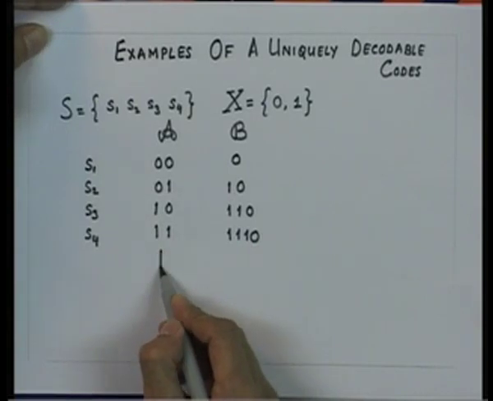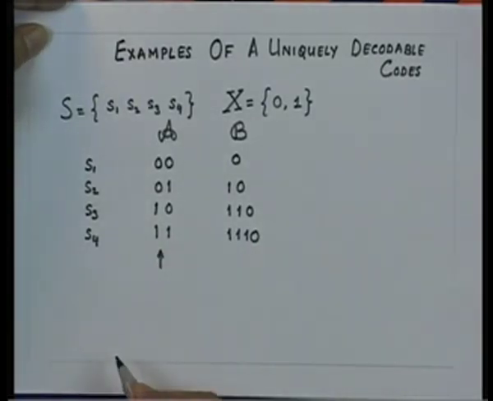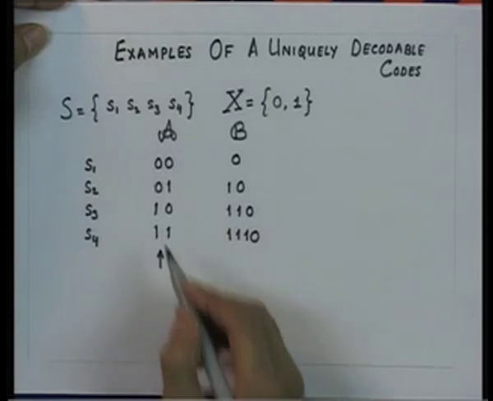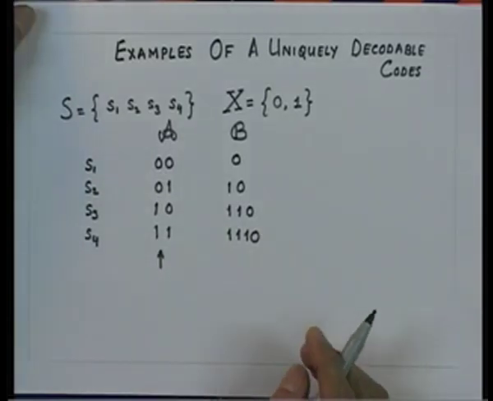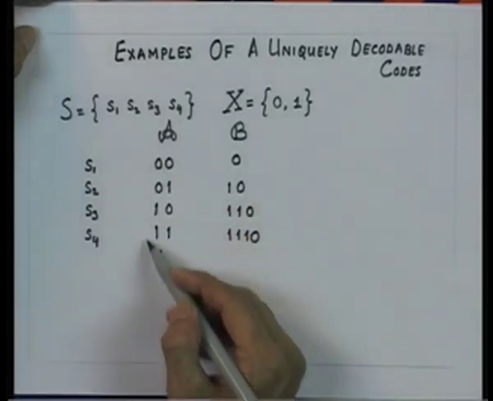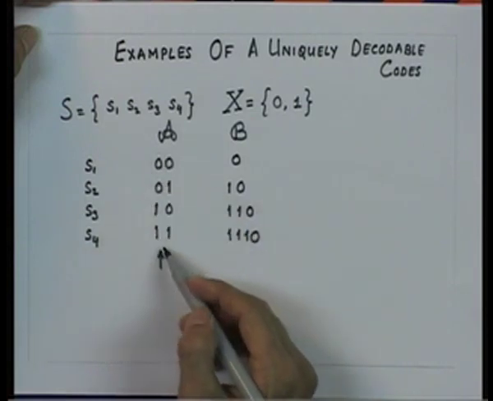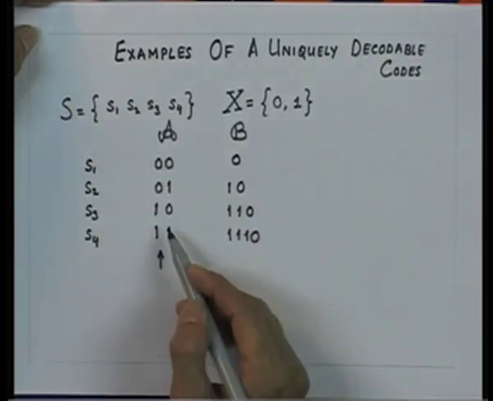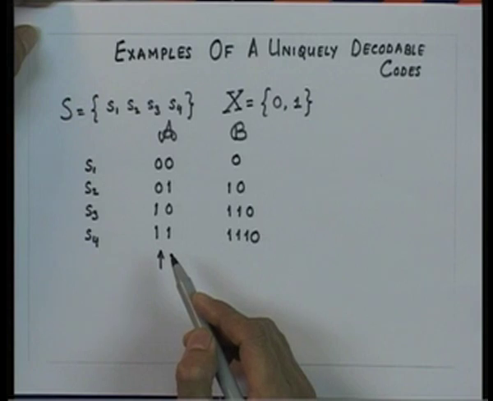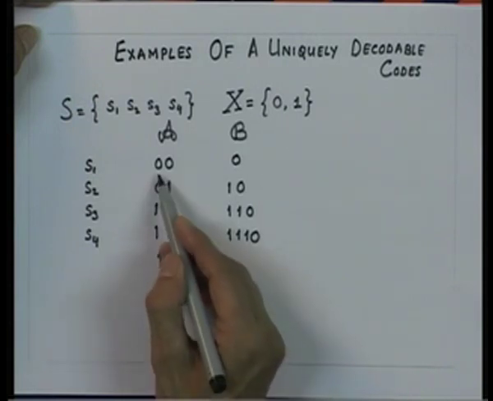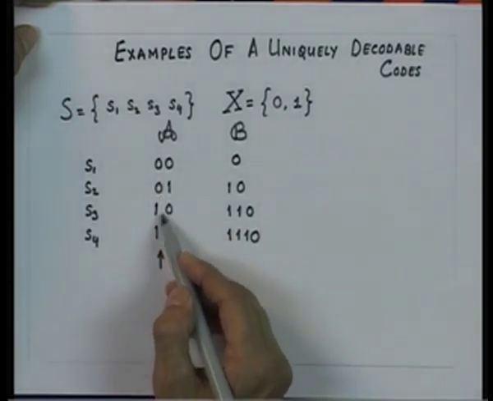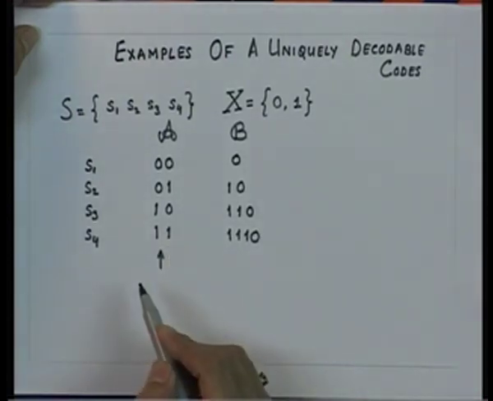If you look at code A, the code words have some unique properties. First of all, the code words in this code are non-singular. Second, all the code words are of the same length.